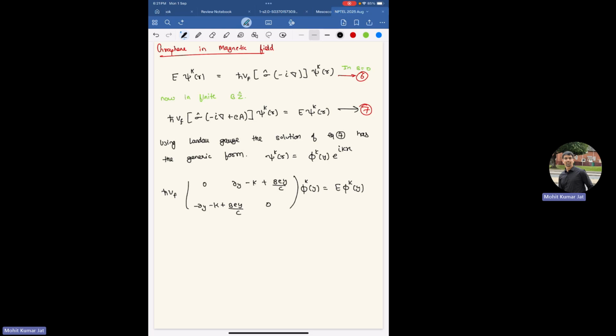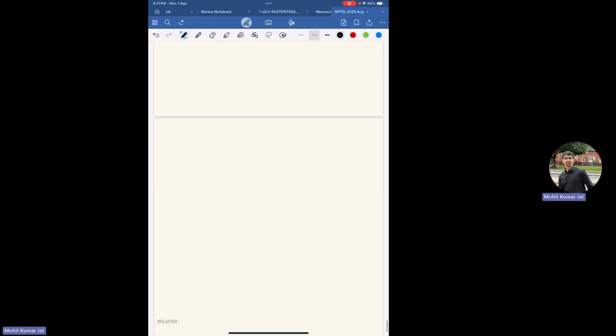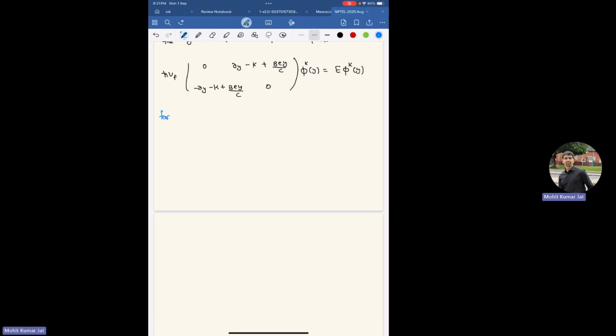Now it is convenient to introduce a dimensionless variable, in terms of the magnetic length. Magnetic length, we all know, is the square root of h bar by eB. So for convenience, let's introduce a dimensionless variable. What does dimensionless mean?